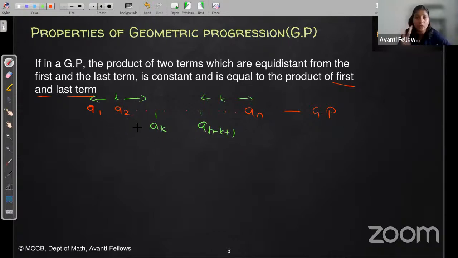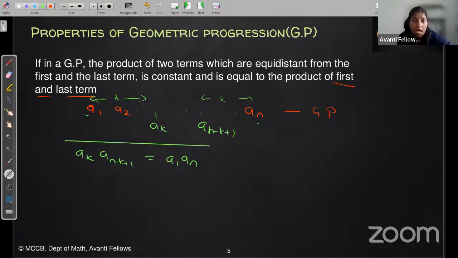If I consider 2 terms which are equidistant from the beginning and the end, the product of those 2 terms, that is AK into AN minus K plus 1, will be equal to the product of the first term and the last term, that is A1 into AN. Okay. So in case of arithmetic progression, what was the property?